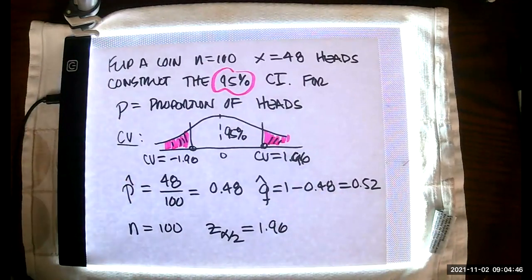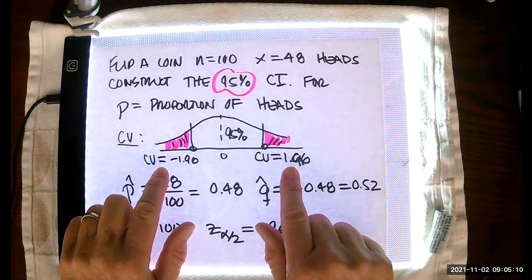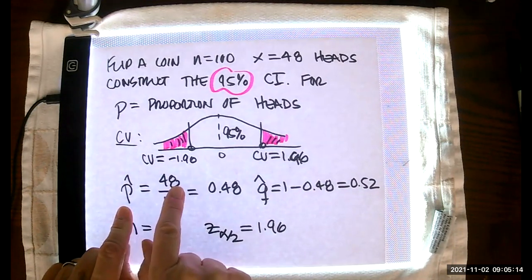So here's my example. We're going to go back to that flipping of a coin 100 times. We have 48 heads, and we're going to construct the 95% confidence interval for the true proportion of heads when I flip that coin 100 times. We've already done some of the work. We found our critical values of plus or minus 1.96. I know what my p hat is. It's x over n.